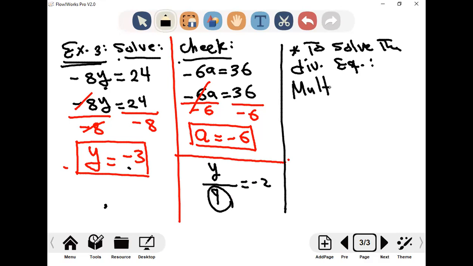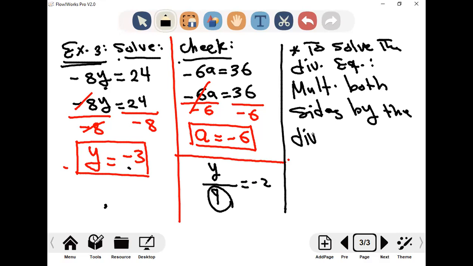Multiply both sides by the divisor of the variable. Before, we said divide both sides by the coefficient of the variable. Now what do we say? Multiply both sides by the divisor of the variable. Got it? Let's take an example.